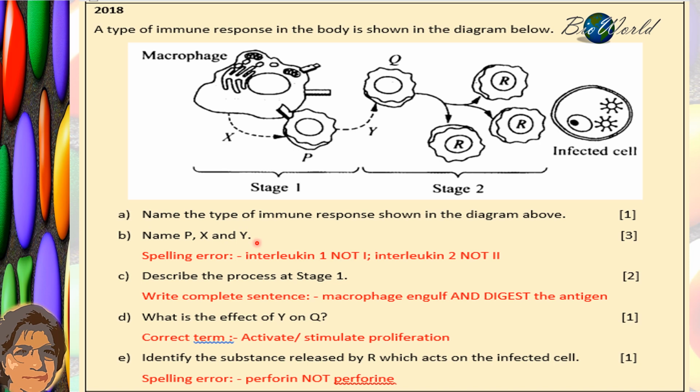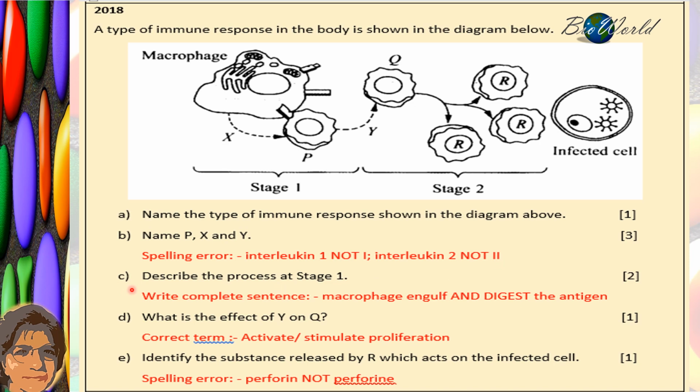Okay, only thing as usual, as mentioned earlier also, students kept writing interleukin 1 here using the Roman numeral symbol, or interleukin 2 using that symbol. So please, in 2013, MPM already asked students to be alert, but in 2018, students are still making this mistake. So I hope in 2022, you will not repeat this mistake.